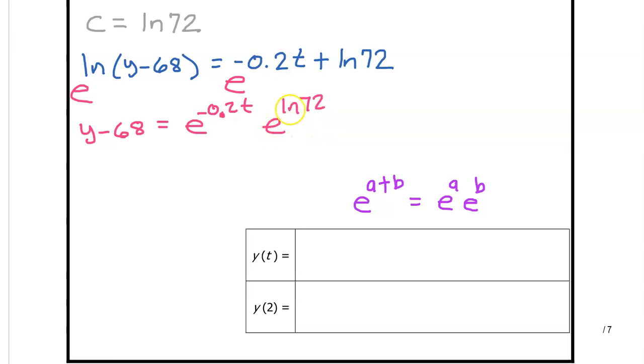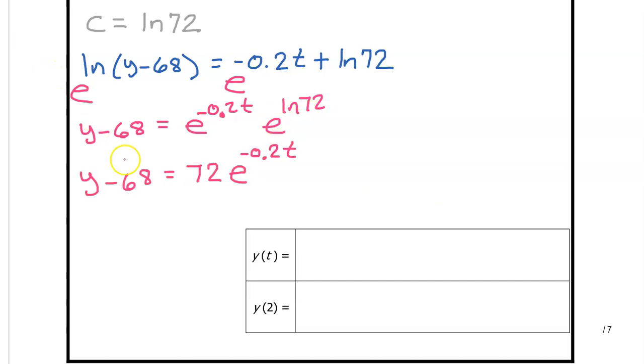But base e and natural log are inverse functions, which cancel each other out. So this will just leave 72. So now I have this. Adding 68 to both sides, we get y at t is equal to 72 e to the negative 0.2t power plus 68.